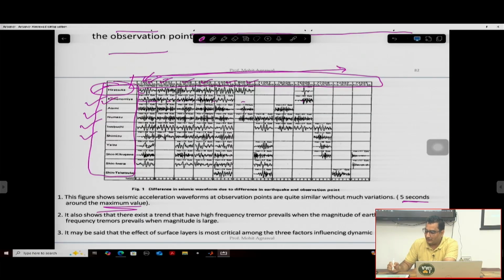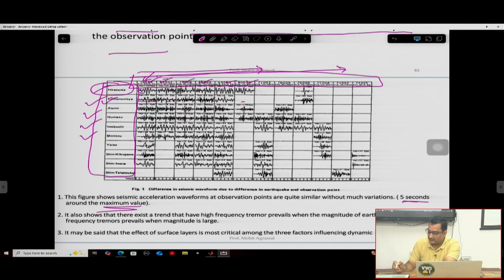And you will also notice that the high frequency component or high frequency tremors are prevailing with the magnitude of a smaller size. Okay, so if you go from here to here, the periods are getting larger. So the high frequencies are basically observed in the smaller magnitude earthquakes.